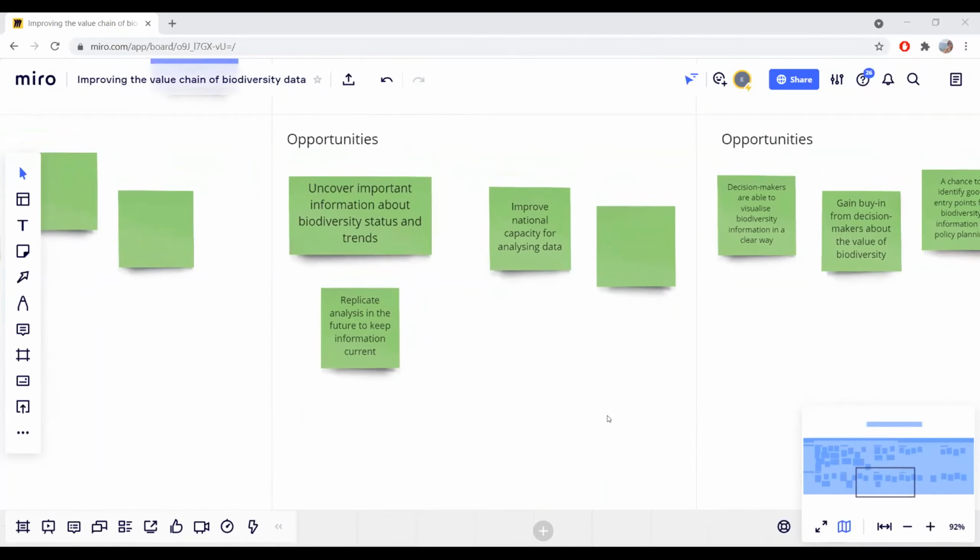And on the basis of that assessment, they managed to develop two new headline indicators for assessing the state of biodiversity in Ghana, focusing on ecosystem threat status and ecosystem protection level.